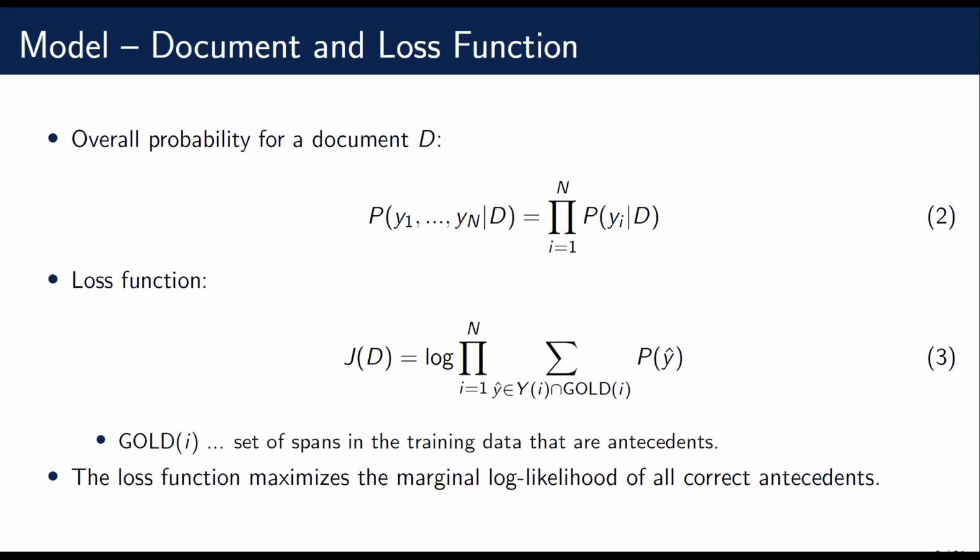So the model is not discouraged from marking something that is not a mention just because it's not in a coreference relation. We use only gold antecedents in the loss function, so it maximizes the marginal log-likelihood of all correct antecedents.